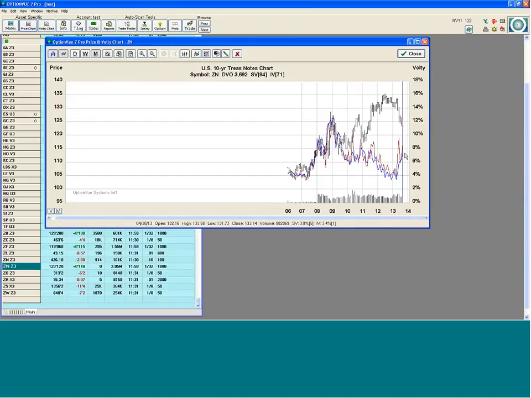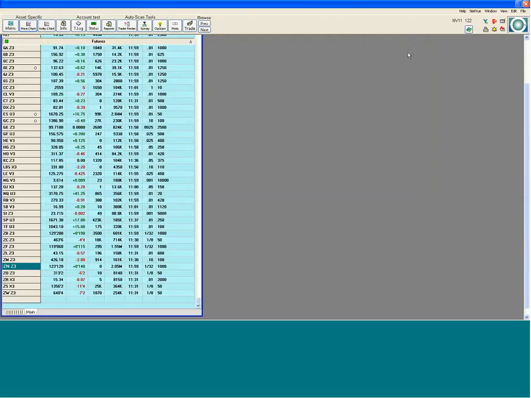Now it is up to 7.5% right now. As notes futures are declining in price, implied volatility is increasing. So there's all kinds of interesting spreads you can do in the 10-year note market to take advantage of both a directional outlook as well as an implied volatility outlook.